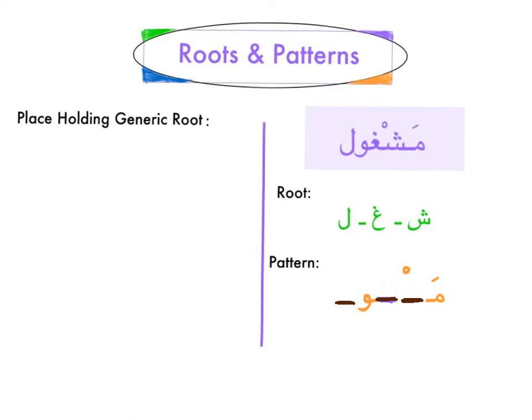And we always use the same 3 letters for this place-holding root. And those letters are fa, ain, and lam.